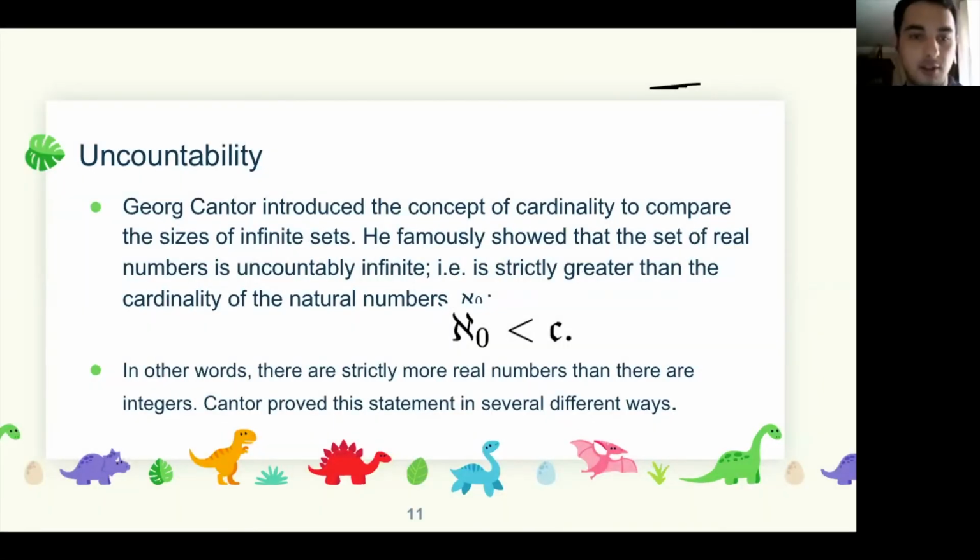What is uncountability? When Aleph null is less than C, it is an uncountable set. For example, if R is equal to or smaller than Aleph null it is countable, but if it does not satisfy this condition, it is an uncountable set.